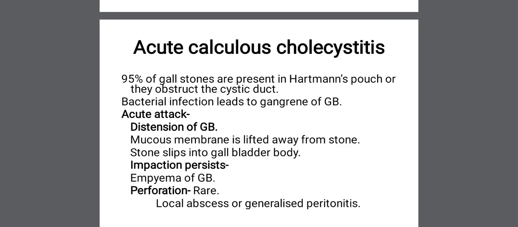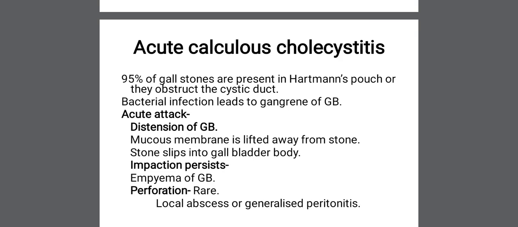The bacterial infection will lead to gangrene of gallbladder. So, in acute calculus cholecystitis, the gallbladder is often already affected by chronic cholecystitis, and when it is acutely inflamed, that condition is called acute calculus cholecystitis.